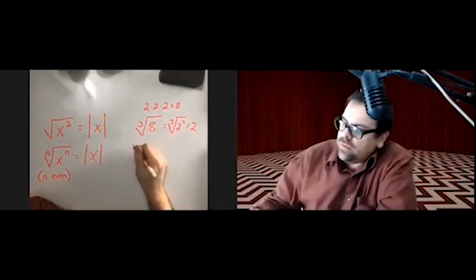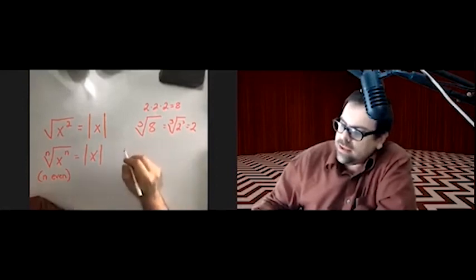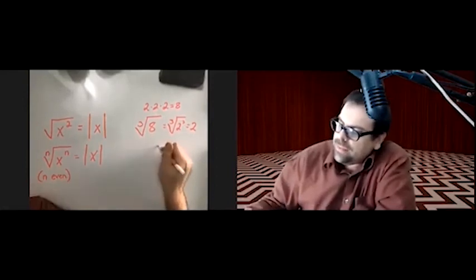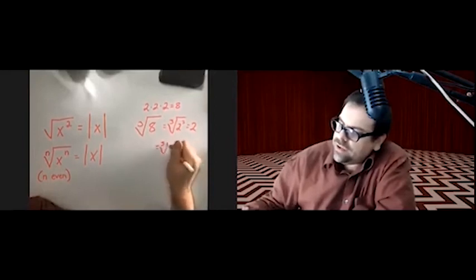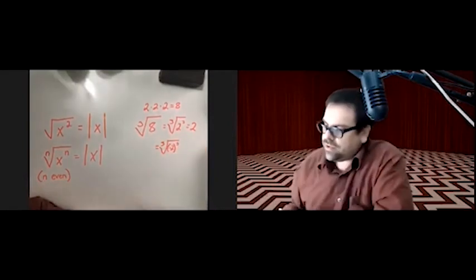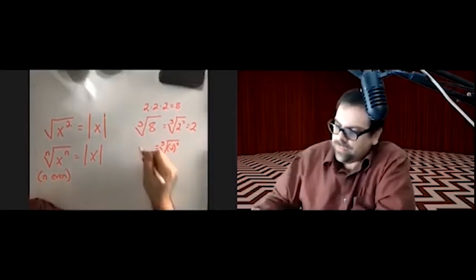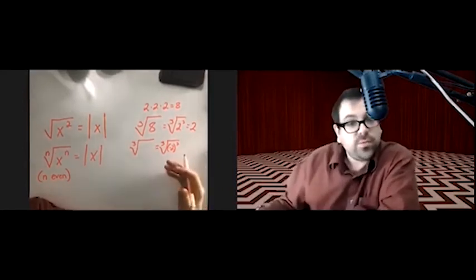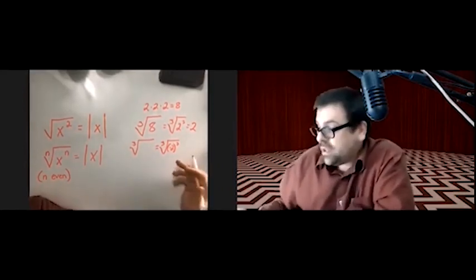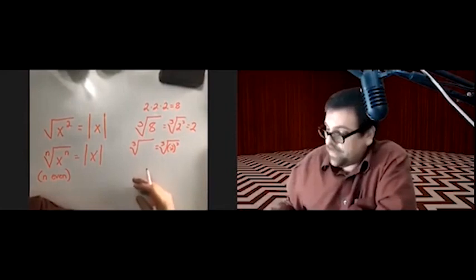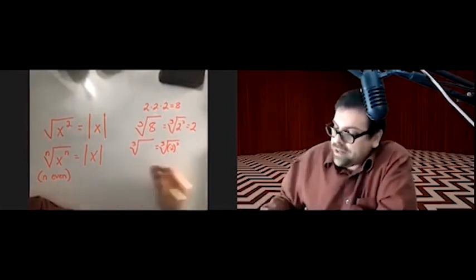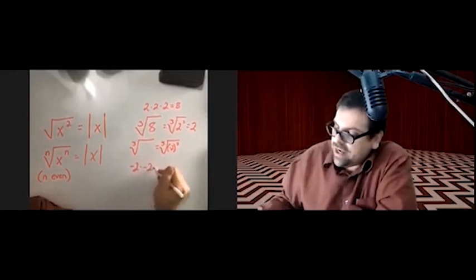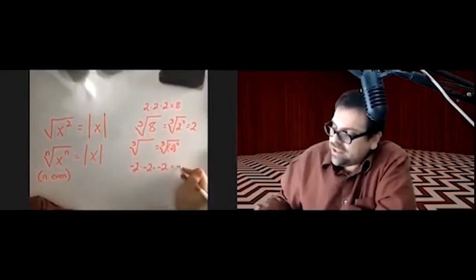Well, what is the cube root of -2 cubed? We'd be looking for the cube root of what number? Well, when we were dealing with the squares and the square roots, it was the same number. But -2 times -2 times -2 is actually -8.